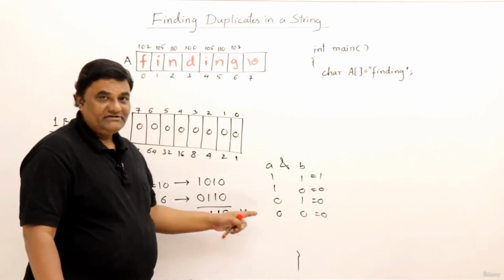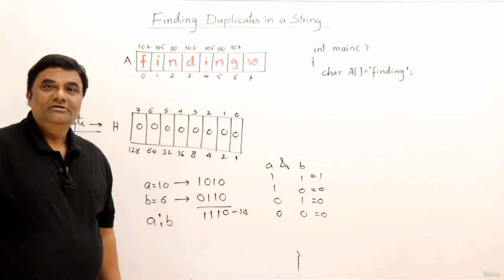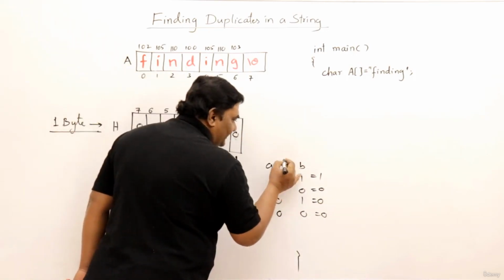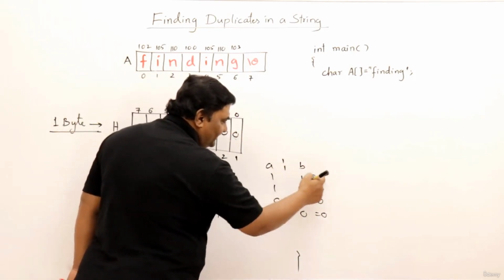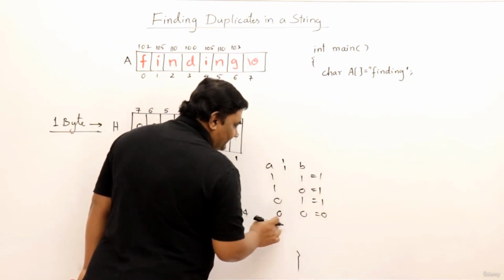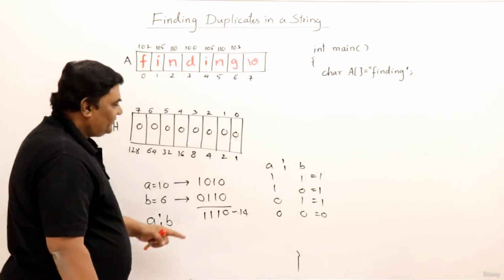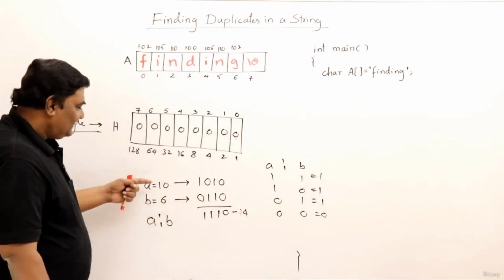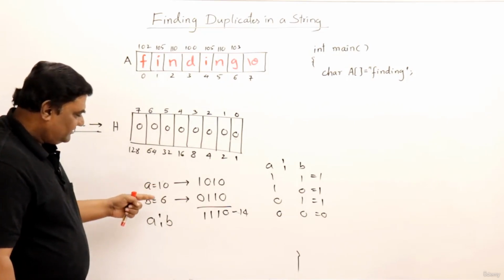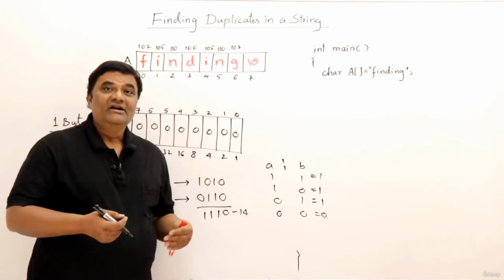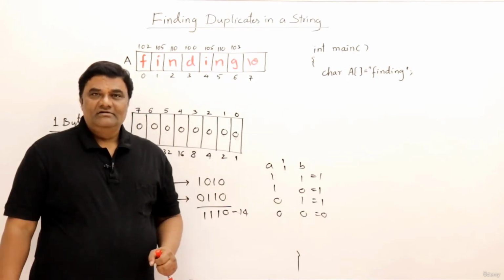In binary form it is 1110 and it is 14 in the decimal number system. See, this is ORing. ORing means what? 1 or 1 is 1, 1 or 0 is also 1, and 0 or 1 is also 1, 0 or 0 is 0. So if any one of the bits is 1, then it is 1. So that's what we have performed here. And 10 or 6 is 14. So this is interesting, bitwise operations.